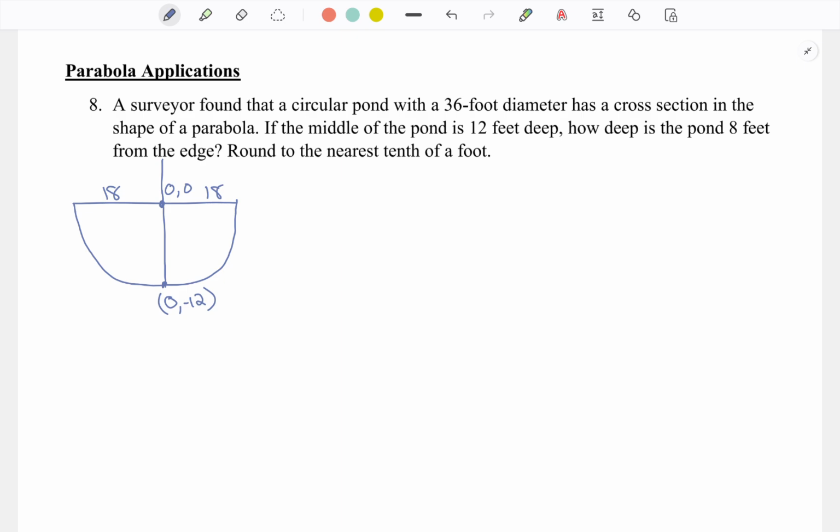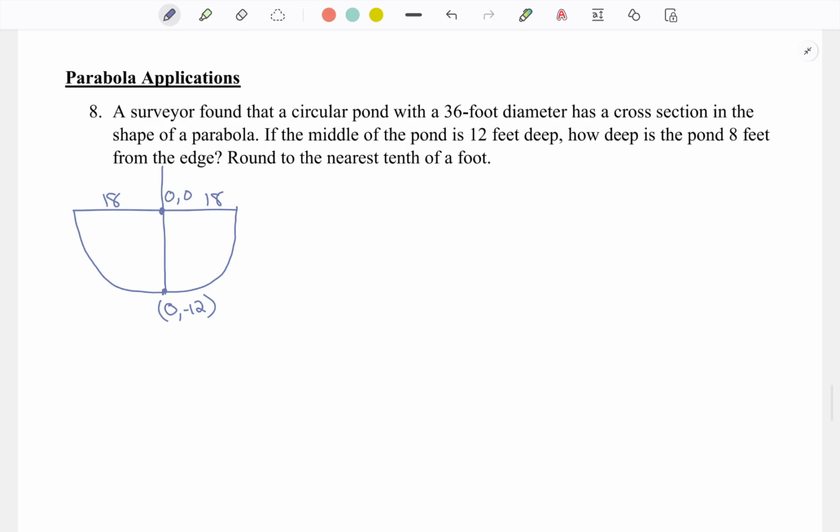And so we could go ahead and write this. We are pretty close. So actually what we don't know is if we have the latus rectum of the pond or not.